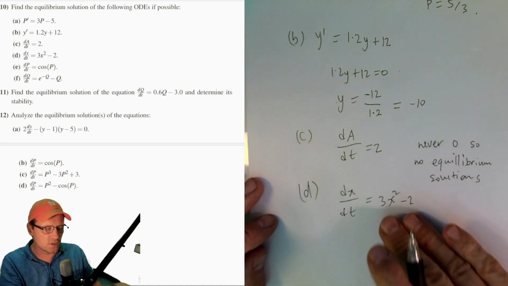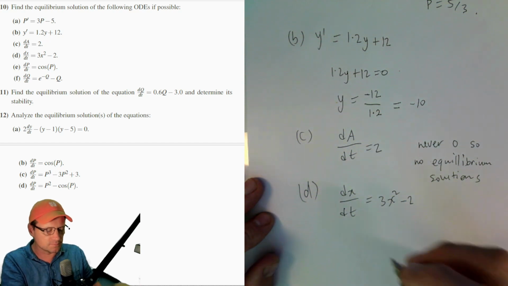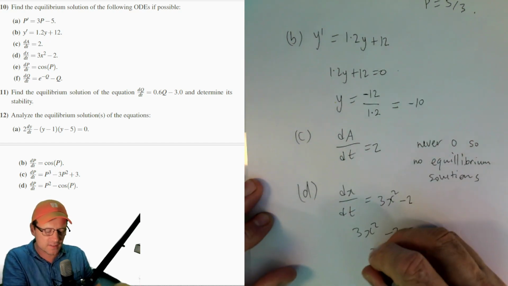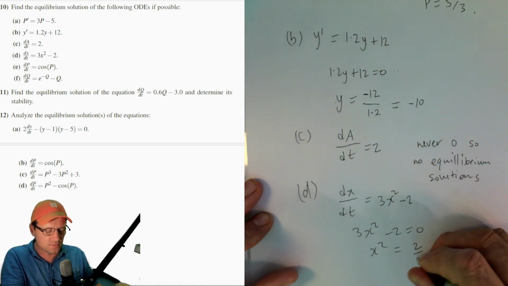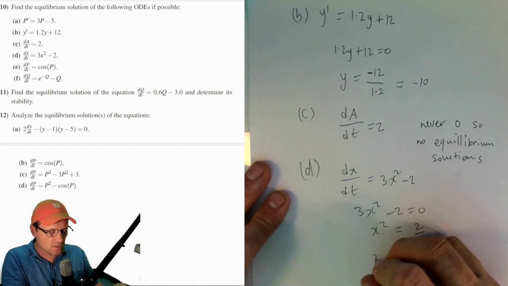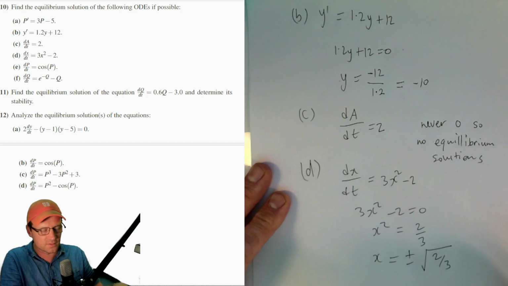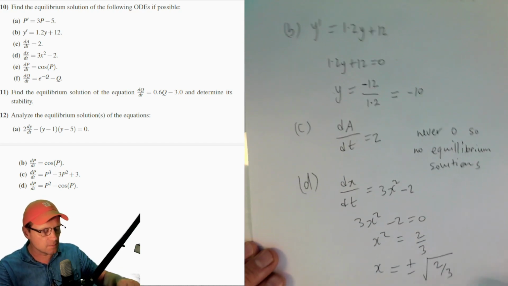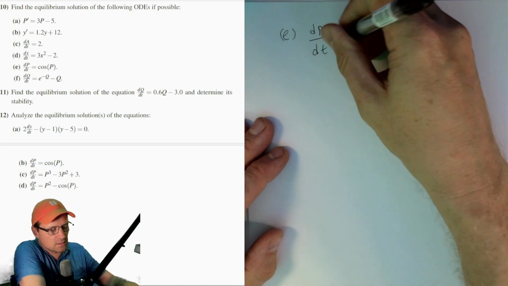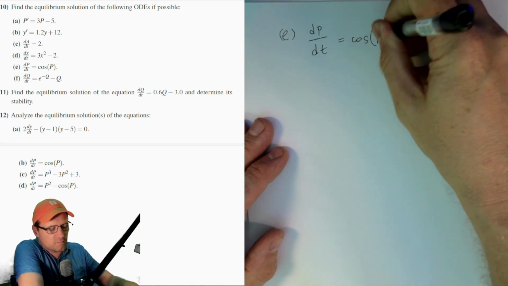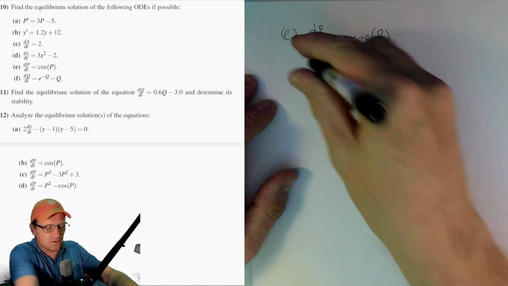All right, so solving for this equals 0, take the 2 over, divide by 3, so we have x squared is 2/3. Take square roots, and you have the two solutions. X is plus or minus the square root of 2/3. Okay, now part E, dp on dt is cos of p. So when is this 0?